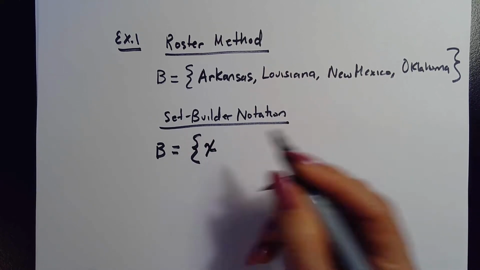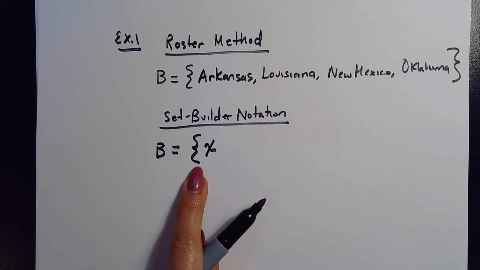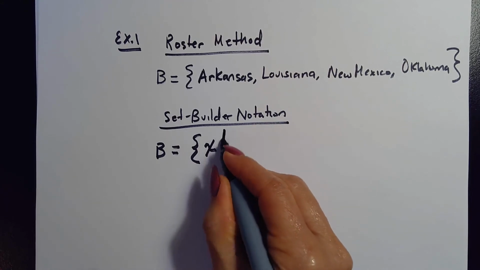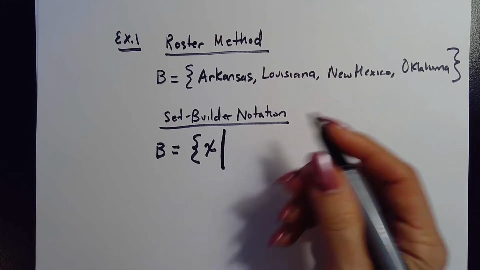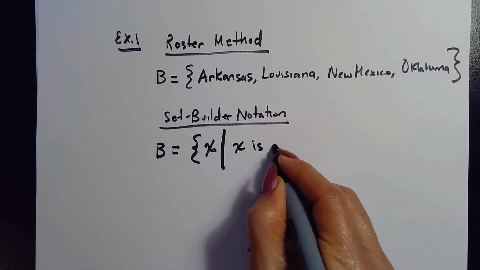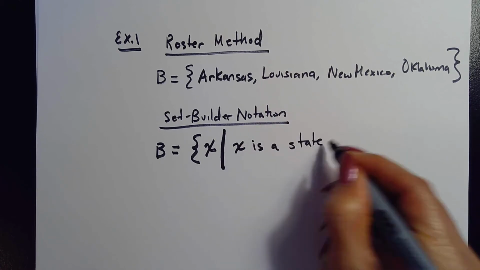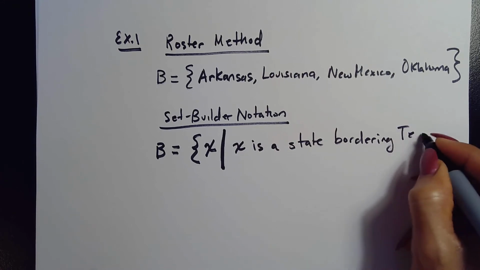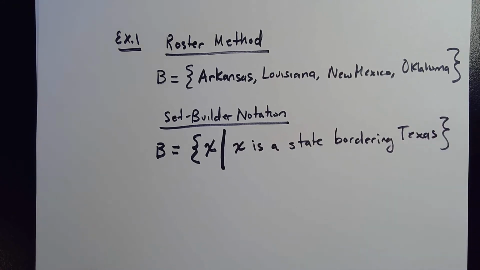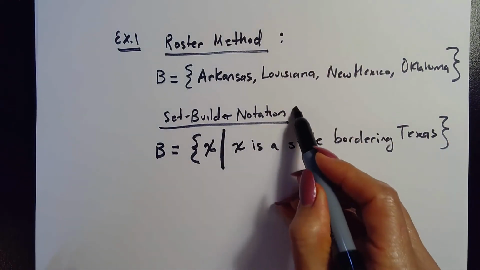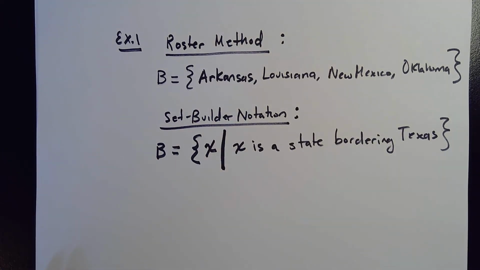But I can use x, and I can say the set of all the x's, and then a line says such that, this is how you read this line, such that x, and then you write the characteristic here: x is a state bordering Texas. And so that way you do not have to list every state bordering Texas. You just write the characteristic here, and that is the set written in set builder notation. So we have the roster method and the set builder notation.